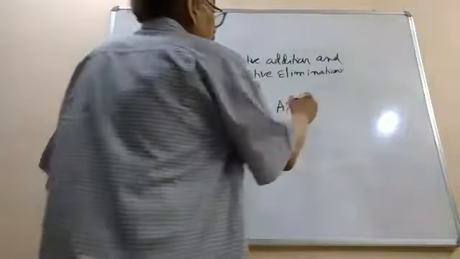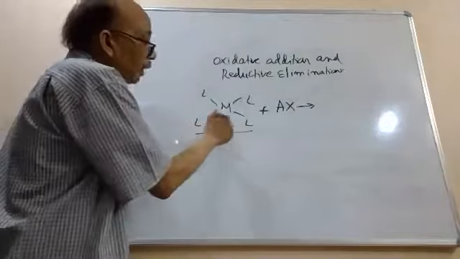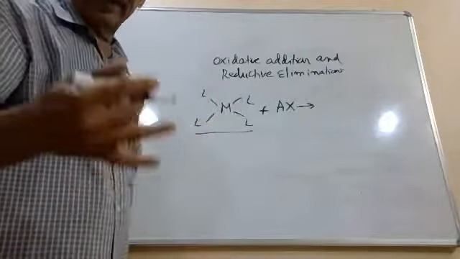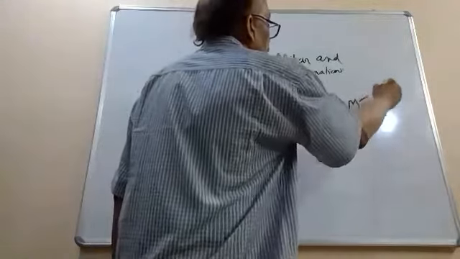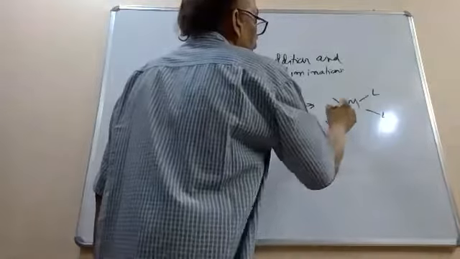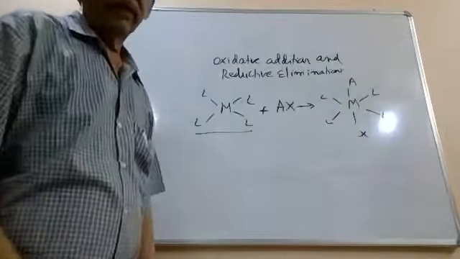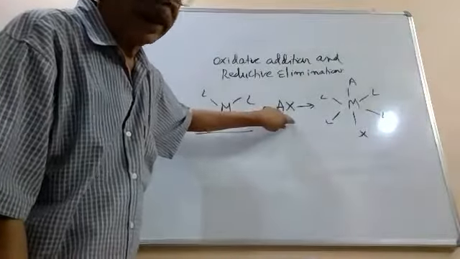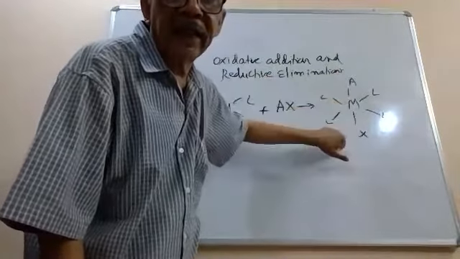What happens here is when you add them, because this is a coordinatively unsaturated complex, because you have only 4 ligands, where you can technically place 6 ligands. So this now leads to the formation of this. The A-X breaks down and then forms 2 ligands, an A ligand and an X ligand.